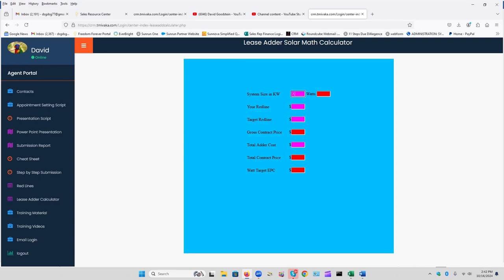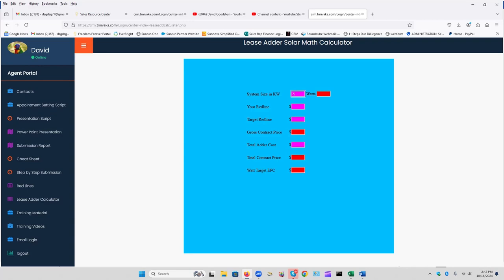So let me show you how that works. Once again, we'll take these out, back them out. And we have 7.44. Your red line was 2.20.